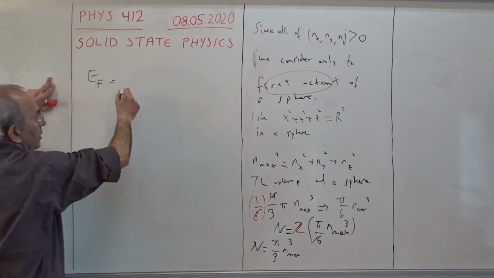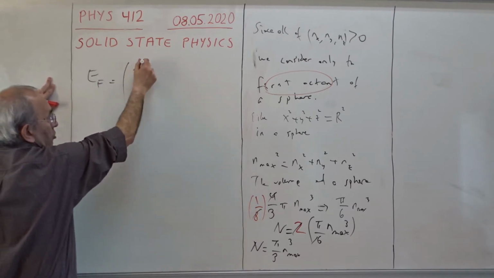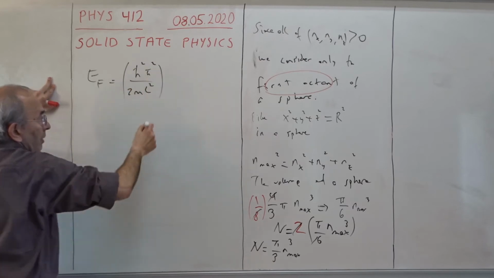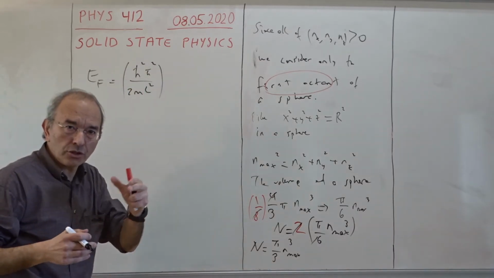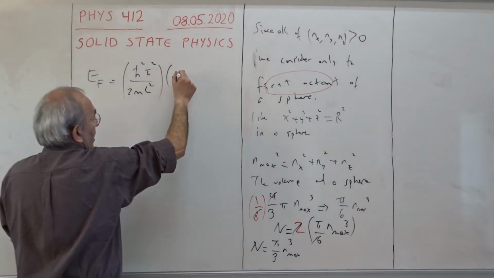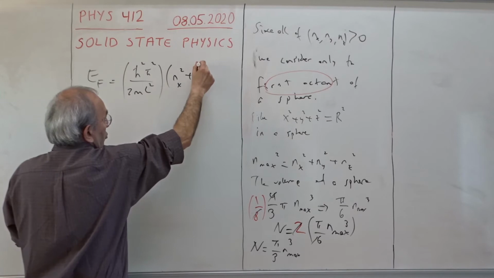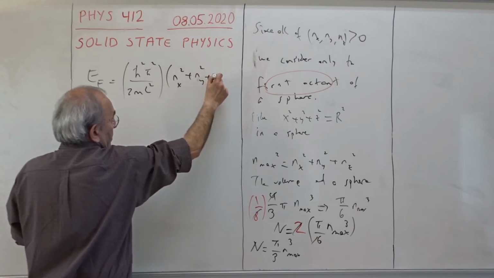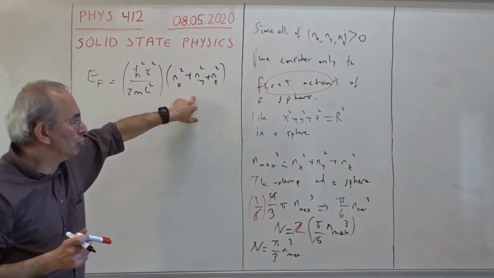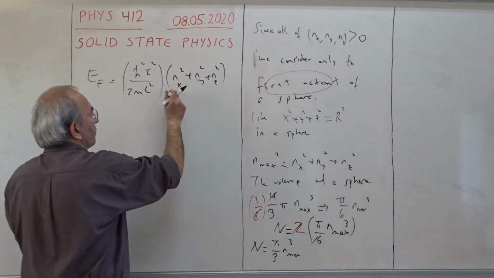EF, that's the Fermi energy. It was h bar squared pi squared over 2m L squared multiplied by the combination of those quantum numbers. So we have nx squared, ny squared, and nz squared. And this thing corresponds to n max squared.